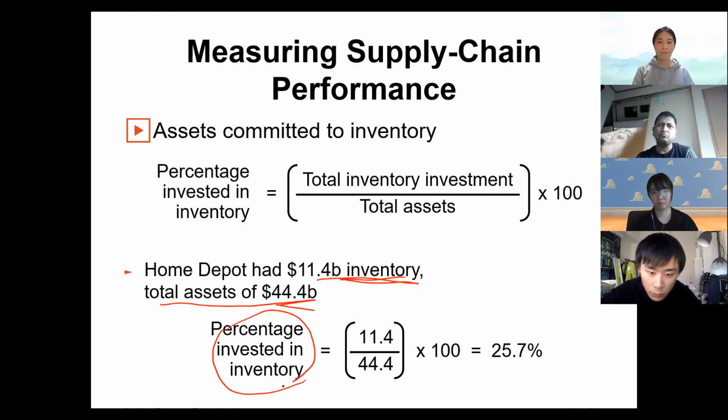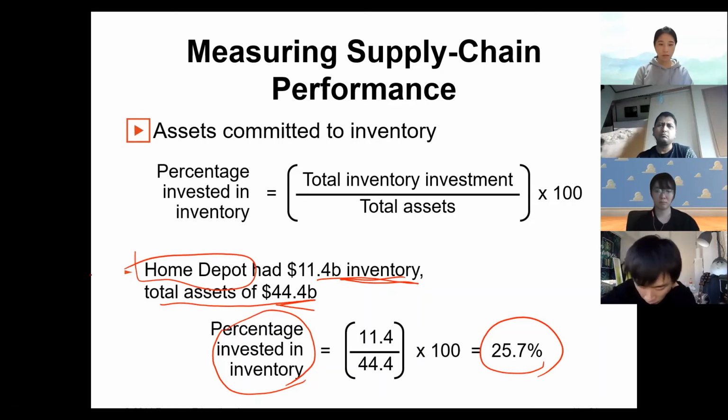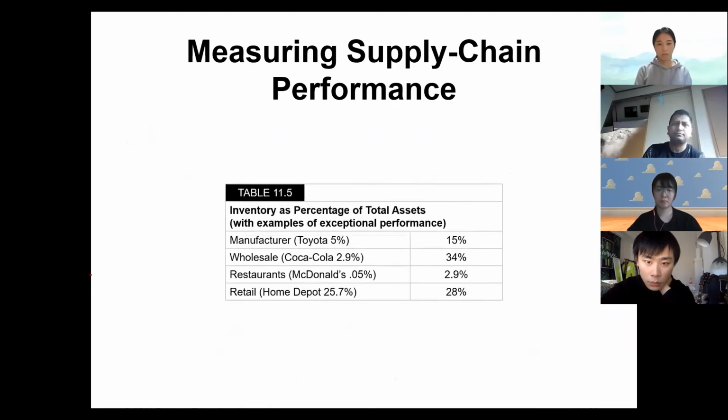So Home Depot has 25.7% of its assets invested in inventory, which is quite a huge amount, about a quarter. You can calculate how much of one kind of material you have and multiply by the price, the so-called value. It's called investment because you still have it.